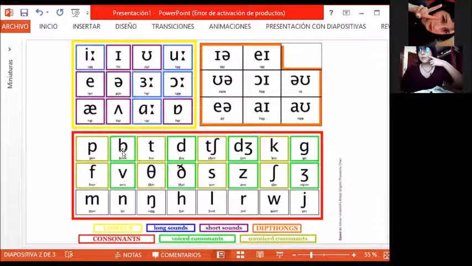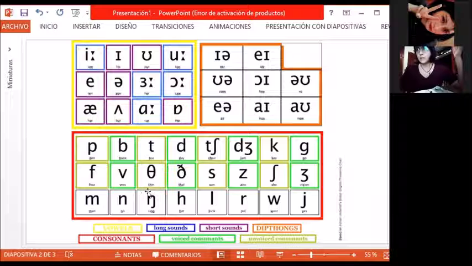For example, we have these ones. These are pairs because the position that the organs have at the moment that we produce these sounds is similar, but the difference is that one is voiced and one is not. F. If we pronounce an F isolated, it will be like this.